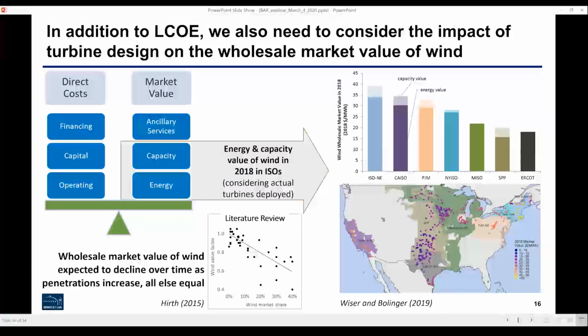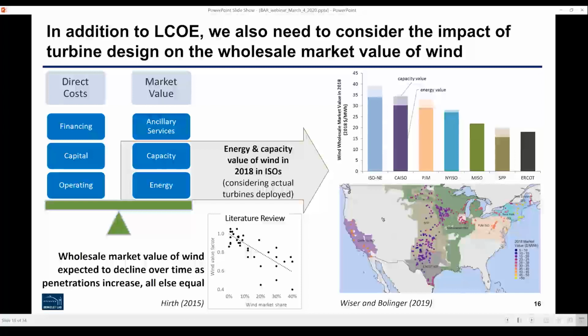If we look below that market value and cost balance there, we can see one of the motivations for focusing on this market value, and this is that as wind increases its market share, we expect to see value decline over time. This is demonstrated in that figure there, which shows quite significant relative decline in the value of wind as market share increases to pretty substantial portions.